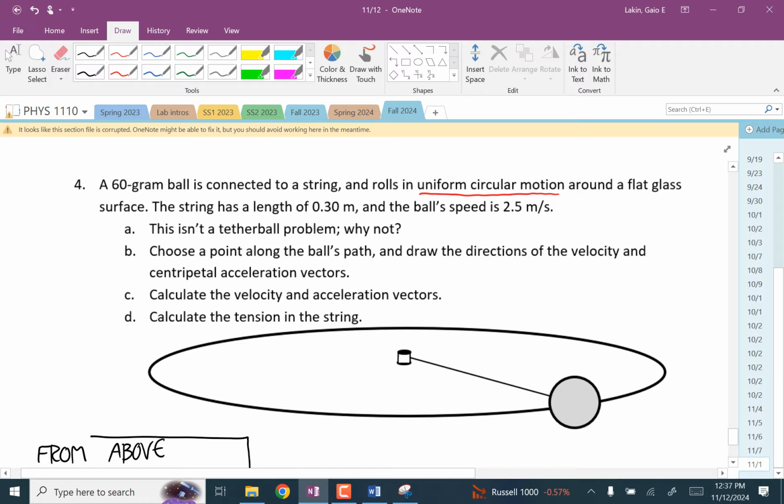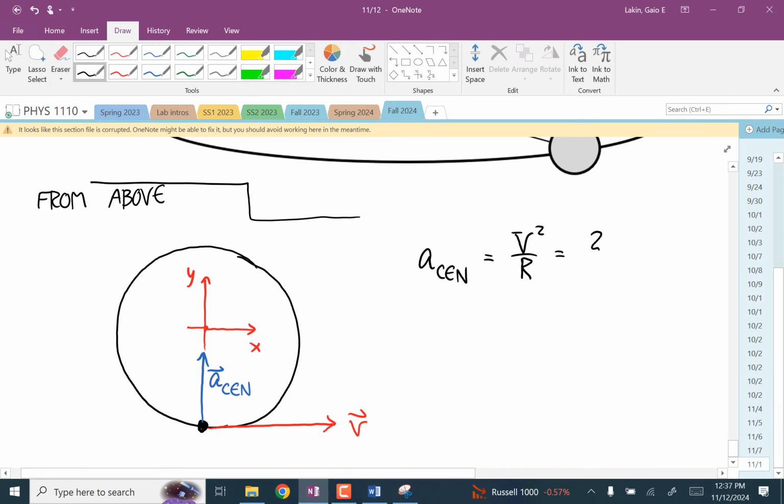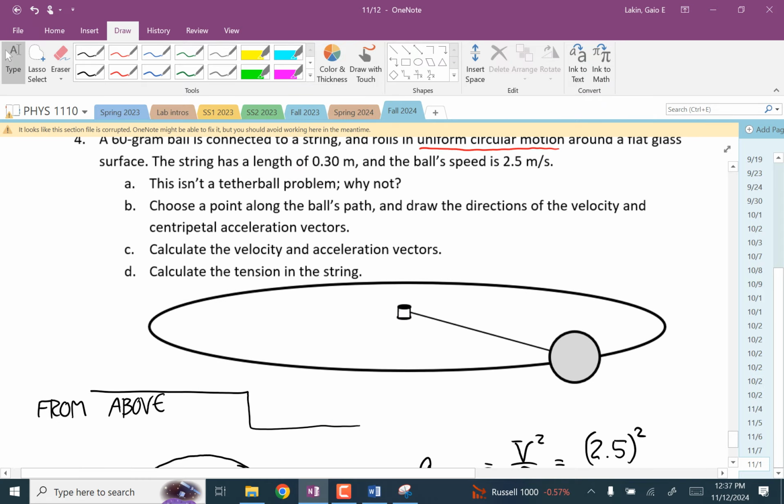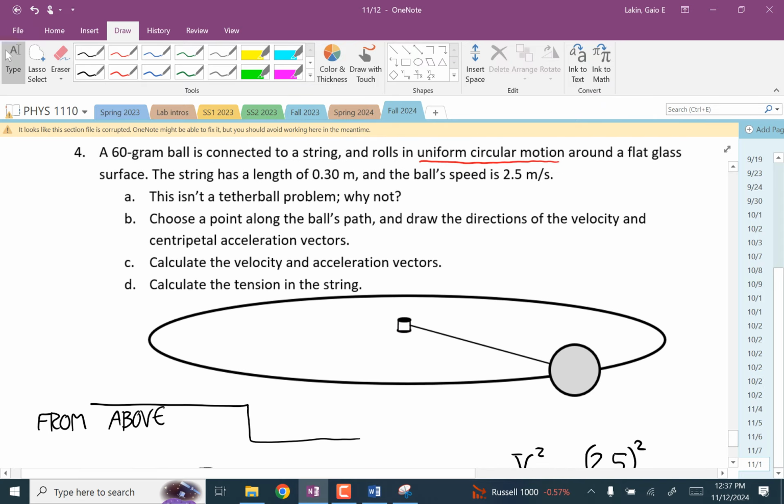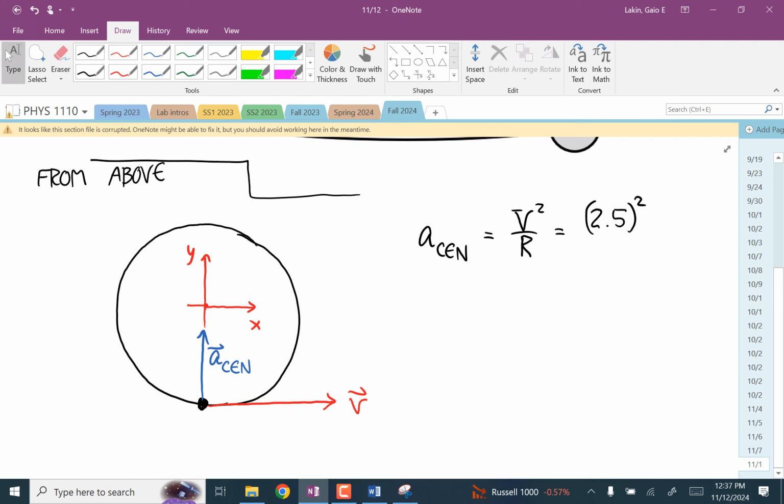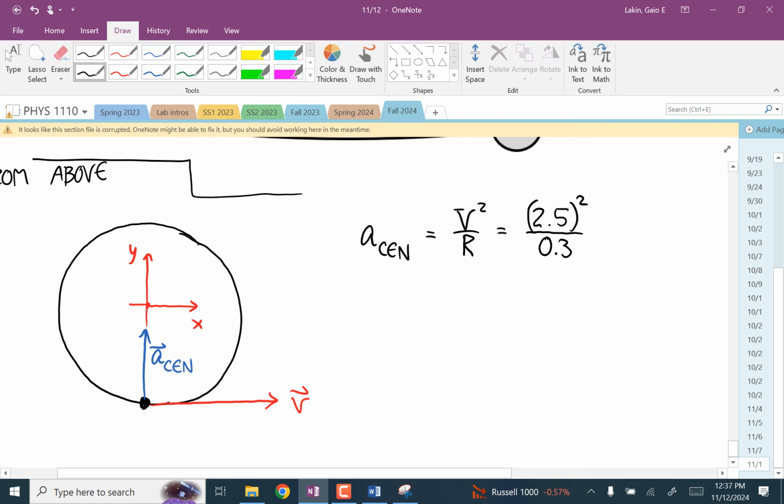The speed is 2.5 meters per second, so this is 2.5 squared divided by the string length, 0.3, which is the radius of the circle. And so the centripetal acceleration magnitude is 20.83 repeating.